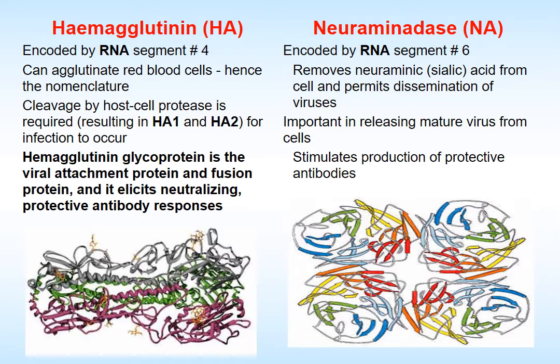It also agglutinates red blood cells, which means we can use the hemagglutination reaction for diagnosis of this disease. The neuraminidase antigen, or spike protein, stimulates production of protective antibodies.